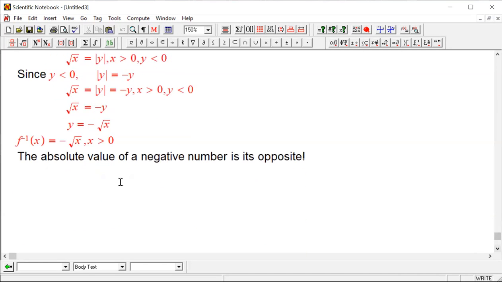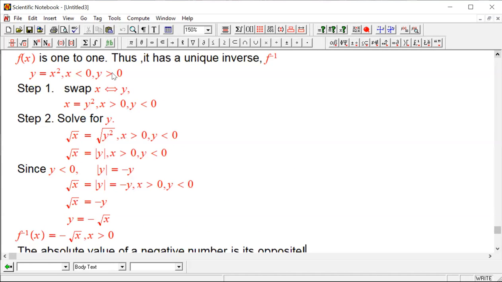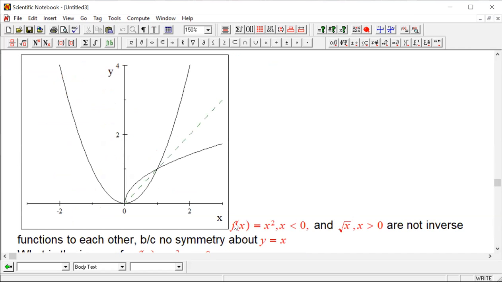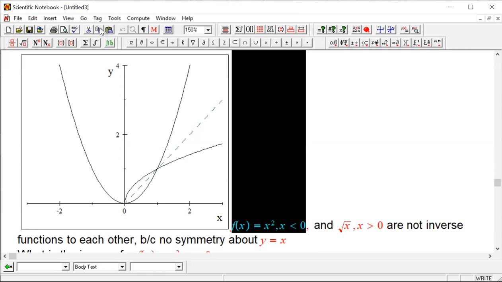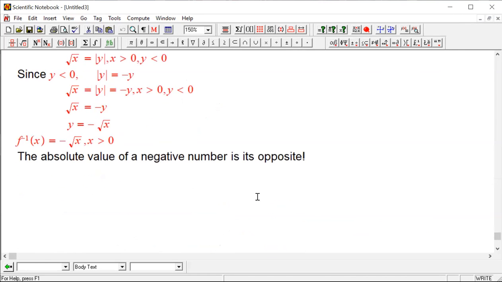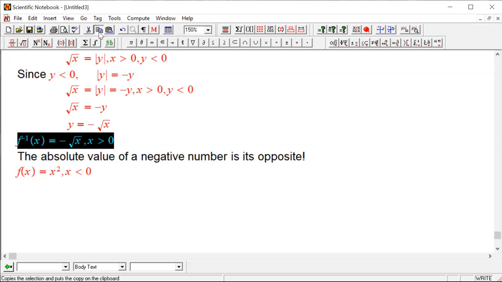Let's look at the graph, right? This is f of x, right? Where's our f of x? F of x is here, right? We know this is not the inverse. So f of x is here. Its inverse is this guy.